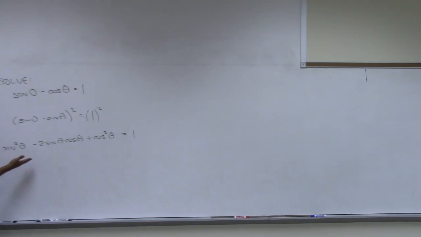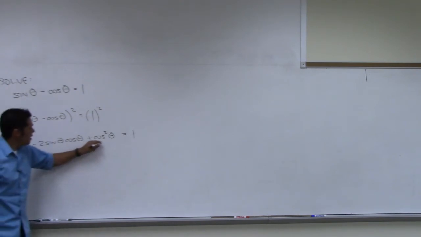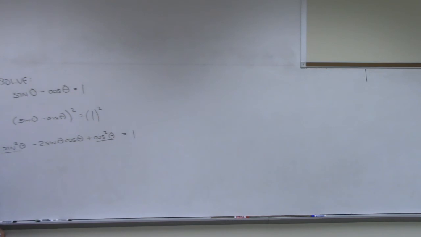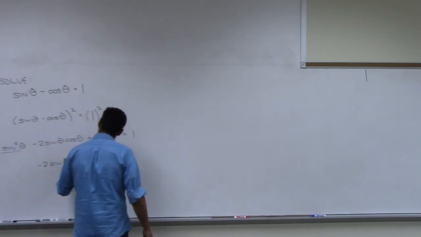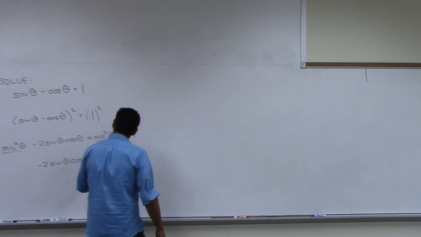Are you all comfortable with that? Okay. Now something really good happens right now. Sine squared theta and cosine squared theta is 1. So we have -2 sine theta cosine theta plus 1 equals 1.